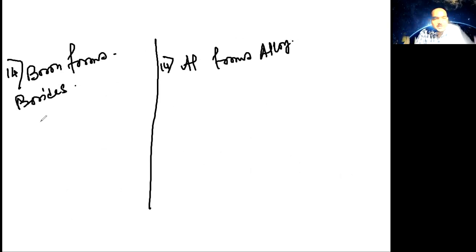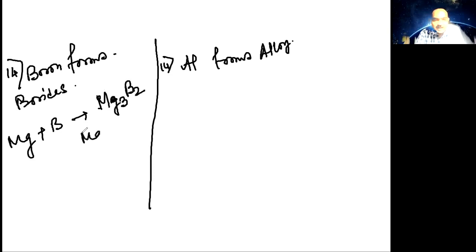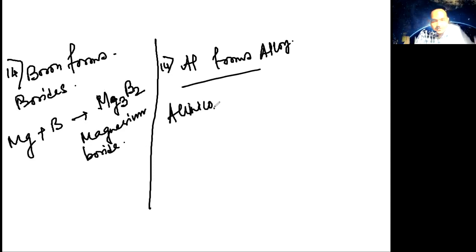Such as you can see as boride, Mg plus B will produce Mg3B2, magnesium boride. This is a very important difference between boron and aluminium. Aluminium forms alloy, alnico. Okay, so these are the differences between boron and aluminium.